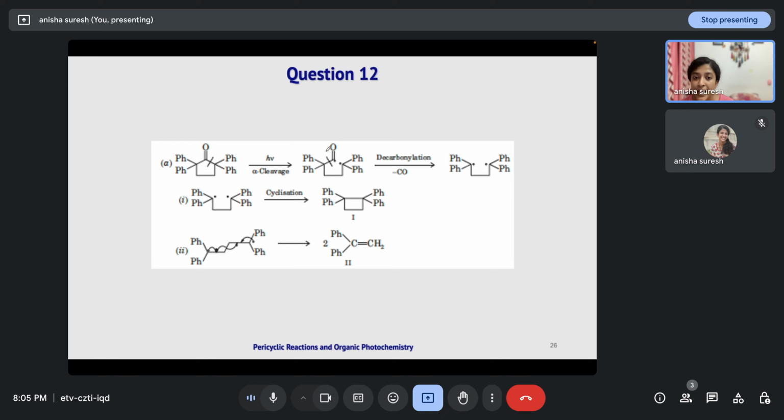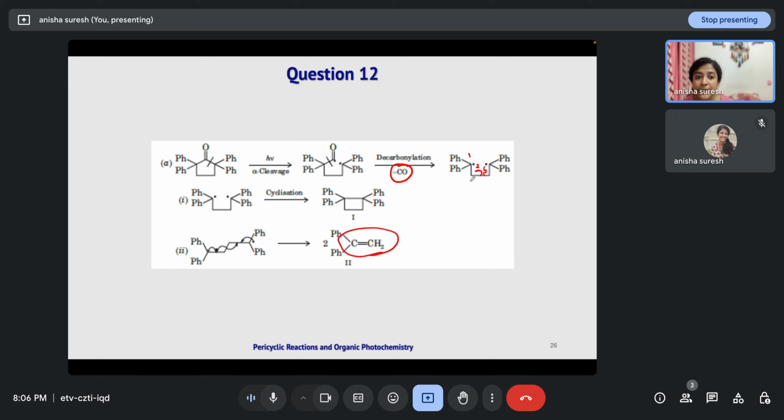A decarbonylation reaction will take place at the center by homolytic cleavage leading to removal of the CO, carbon monoxide, and these two radicals can either recombine leading to cyclization giving the cyclobutane ring, or here this bond can break in homolytic fashion as you can see here, leading to formation of this alkene species. Two molecules of this alkene species will be resulted by breaking of this carbon-carbon bond.